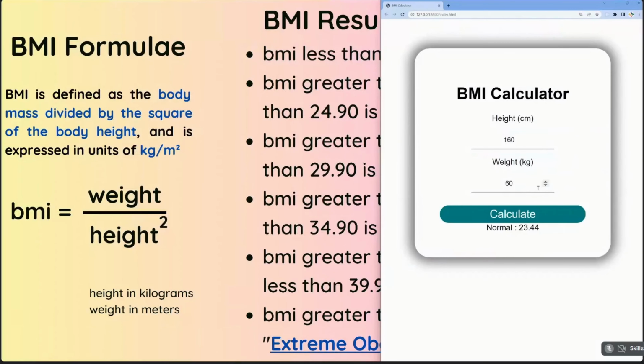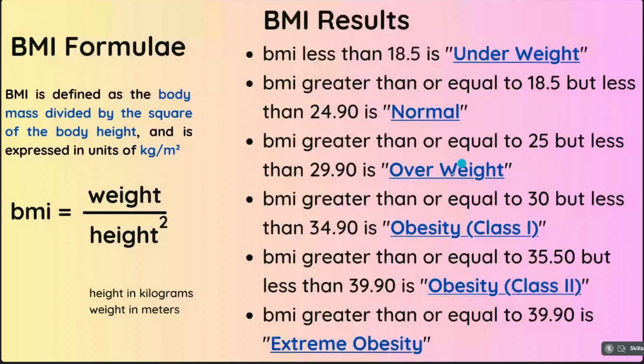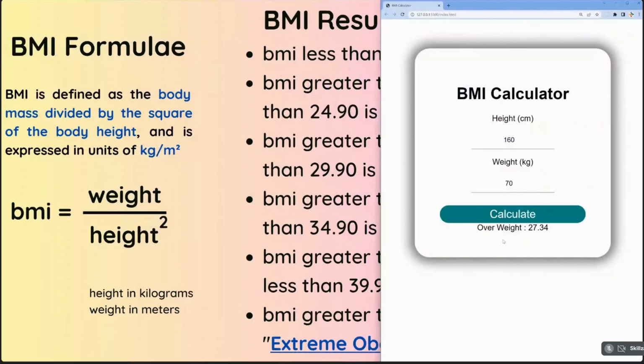And if I increase this, let's say 160 and 70 kgs, compute, and it is overweight, which is 27.34. That will be in this range, so it is showing overweight. Perfect.